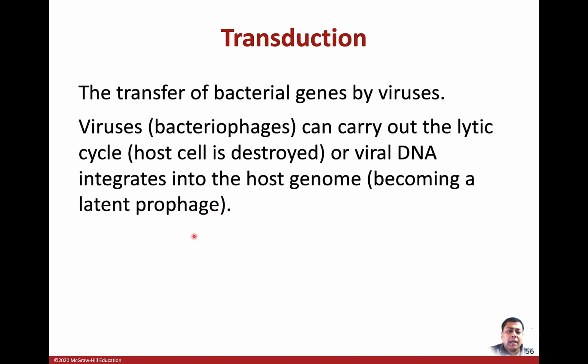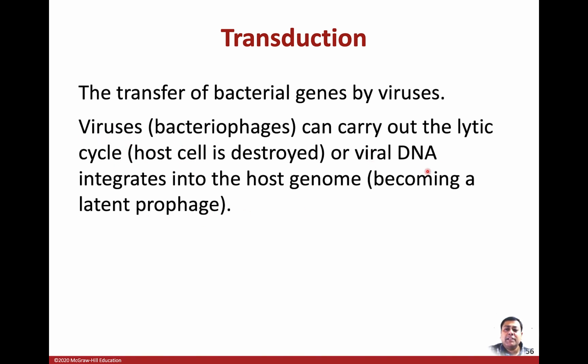And at one time, this latent prophage can again excise itself out from the bacterial chromosome and then make a lot of copies of these prophages. So new bacteriophages will be made out of these prophage genes. They will be packaged inside that, and it will go into the lytic cycle. So it will be virulent.